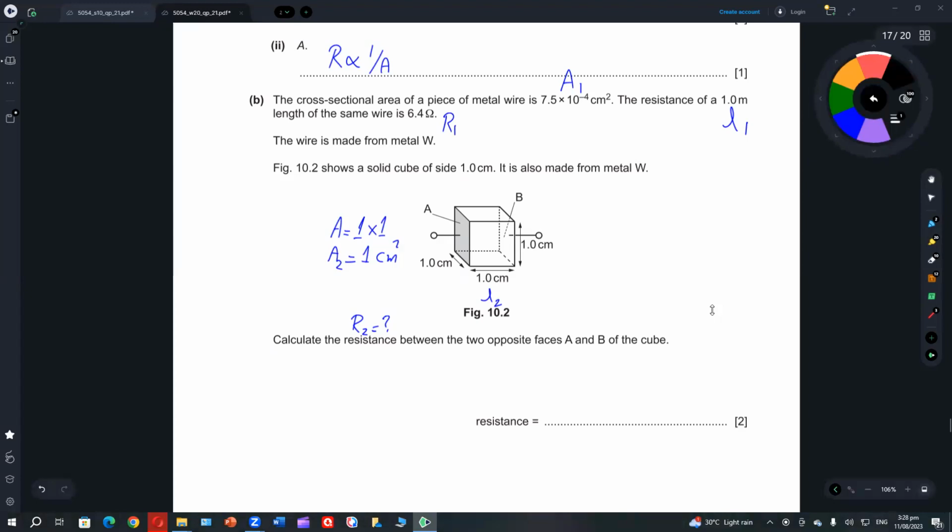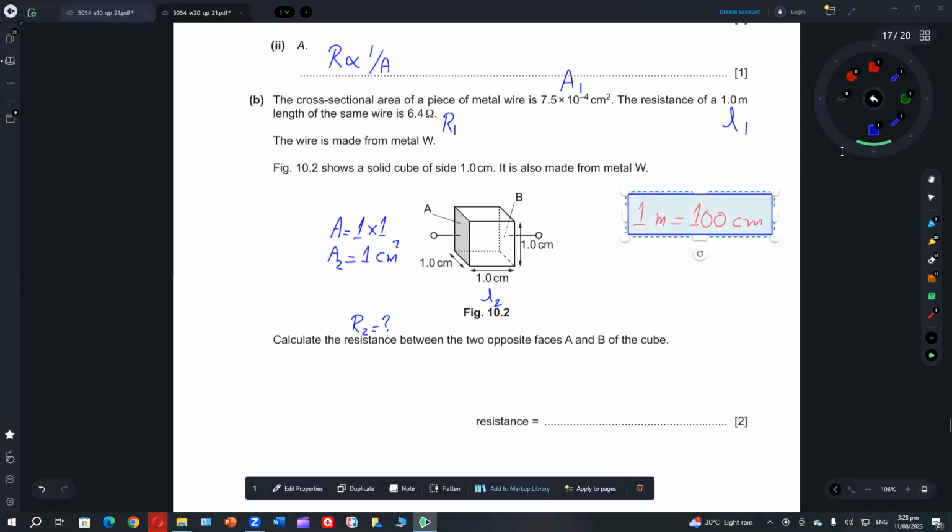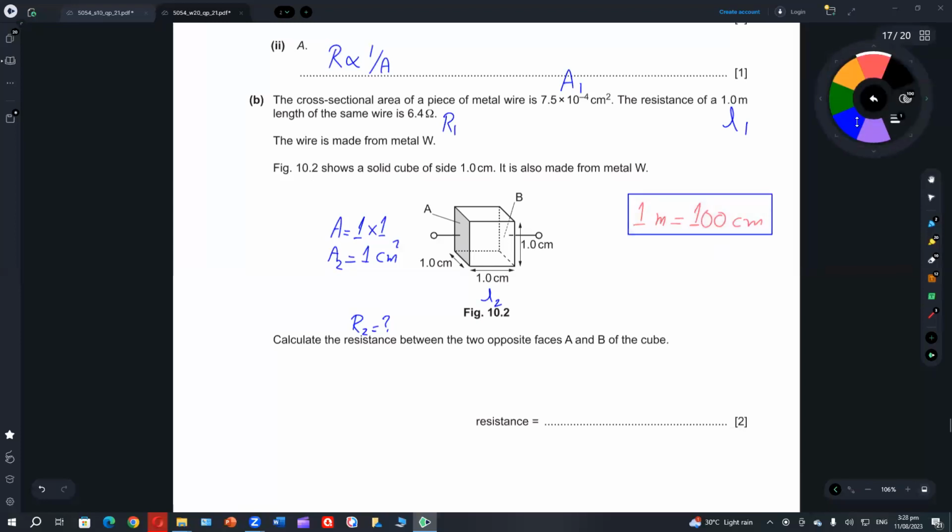Read the question and help me to locate the formula. Meanwhile, I'm writing down the conversion. 1 meter is equal to 100 centimeter. Okay, now we should start working.